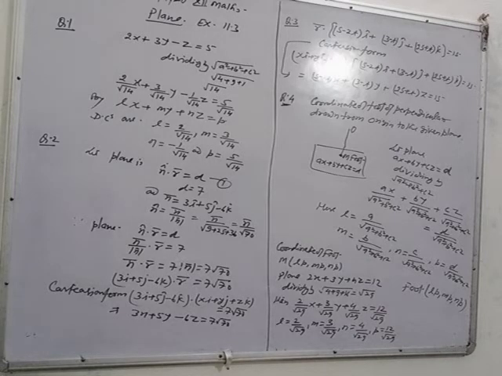Now in question number 4 you have to find the coordinates of the foot of the perpendicular drawn from the origin to the plane. Listen: if your plane is ax plus by plus cz is equal to d, this is the general form.